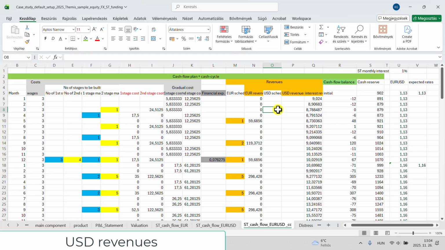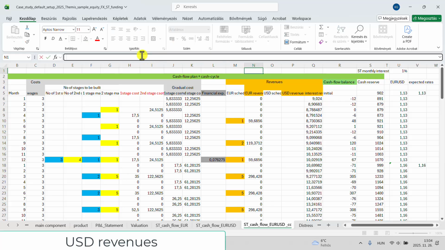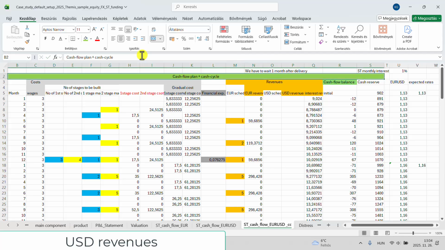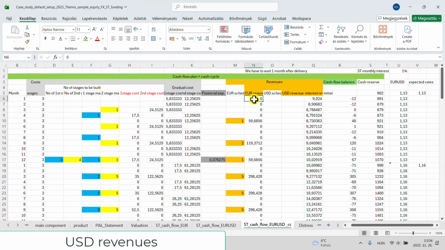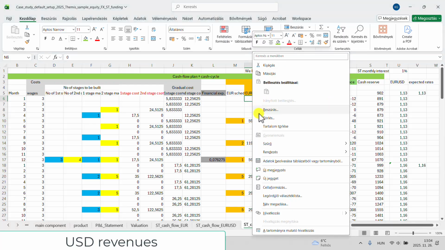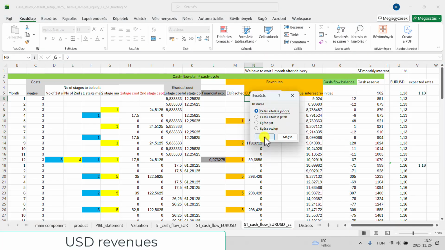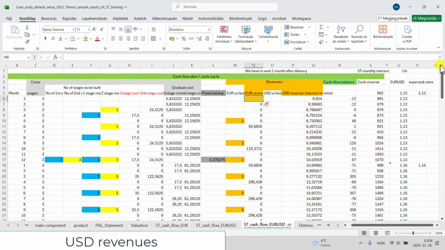what happens if we have to wait only 1 month? Obviously this will happen, that we have to wait 1 month after delivery. Then push everything downwards. Boing. What happens with the cash flow balance?